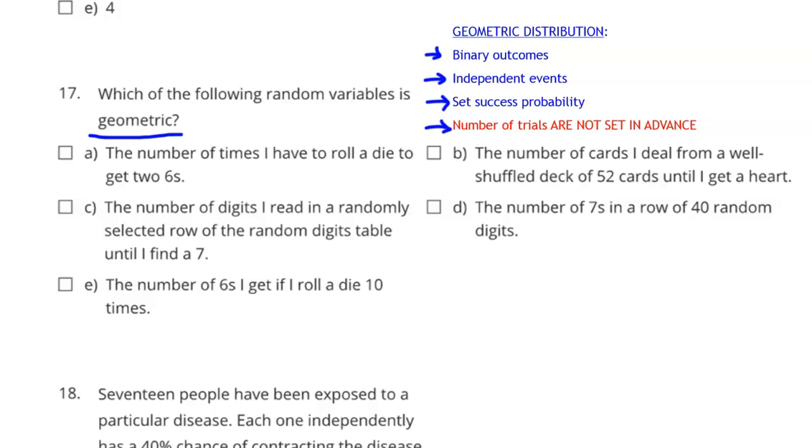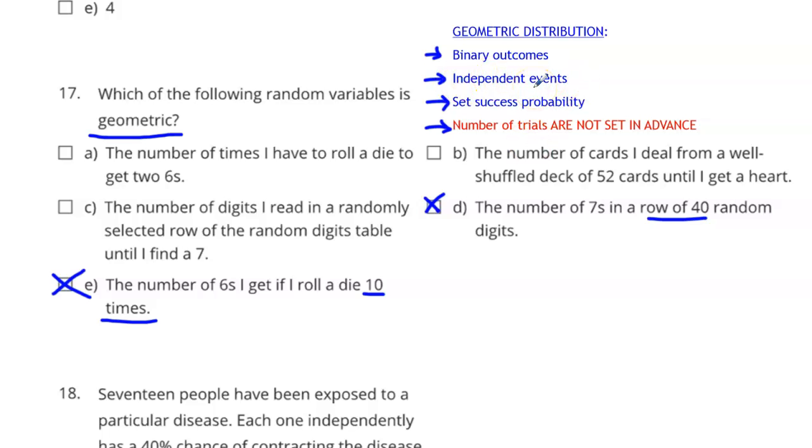Let's pick these apart. Well, remember, we know that the number of trials is not set in advance, so this says the number of 7s in a row of 40 random digits. That sounds like n is equal to 40, so we're not doing that one. The number of 6s I get if I roll a die 10 times, seems like 10 is the value of n, the number of trials, so that's not it either. And remember, they must be independent events.